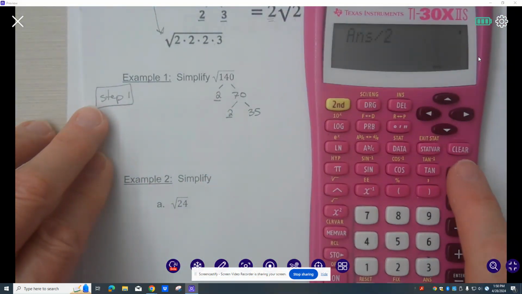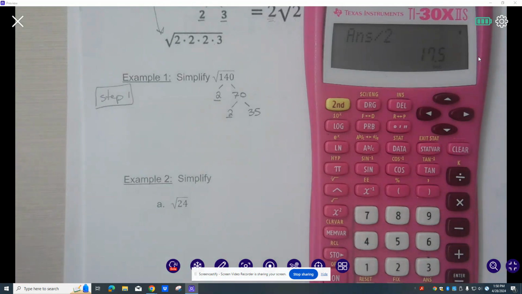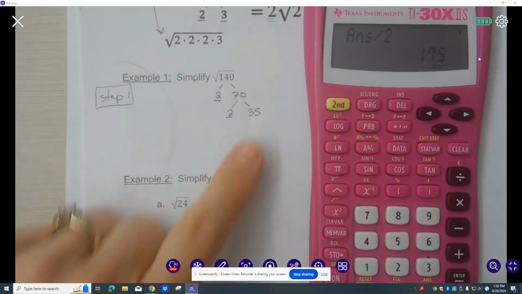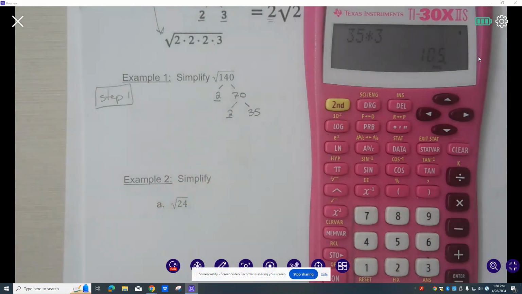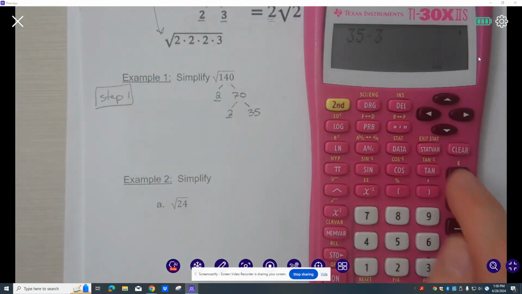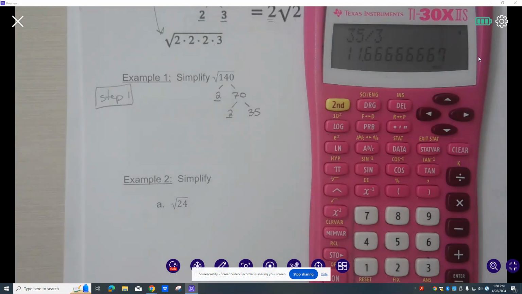All right, 35 divided by 2. So I get a decimal. I only want whole numbers. So now I'm going to try 35 divided by 3. If 2 doesn't work, try the next number, 3. Oops, I did times. Do 35 divided by 3. And I get a decimal. That's okay.